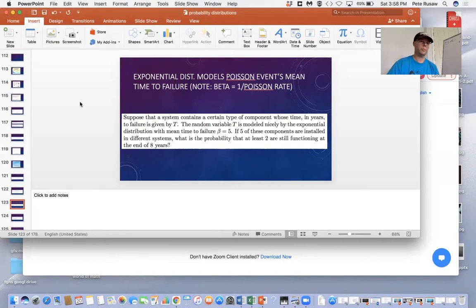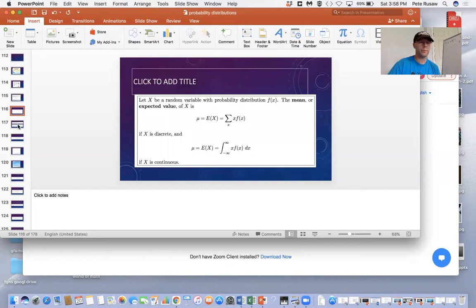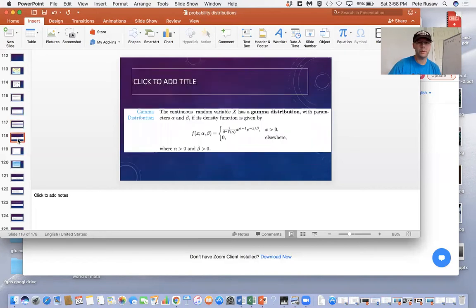So maybe you want to grab this formula and pause the video. There's our gamma, and here's our exponential distribution. If you want to write this down, you can pause the video. This is what we're going to use and integrate to try to answer this question.